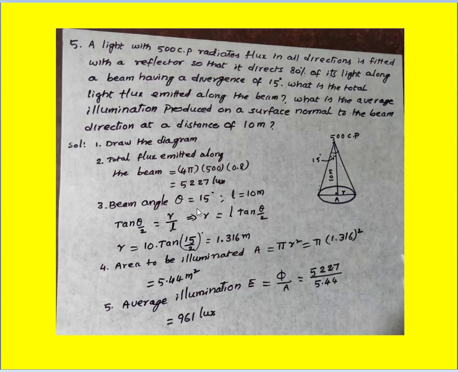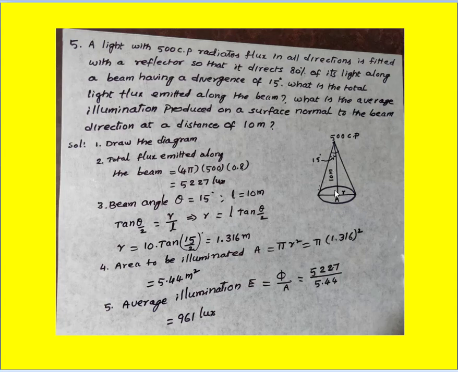Then next step. We know the beam angle theta is 15 degrees. L is known, that is 10 meters from here to here. So we know tan theta by 2.